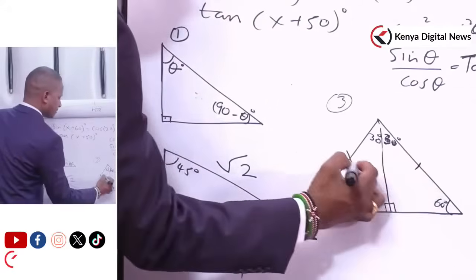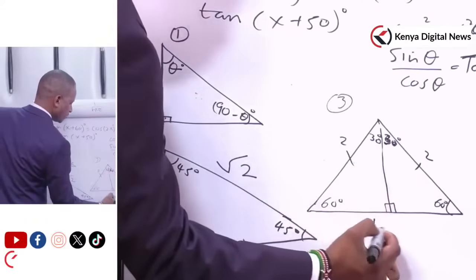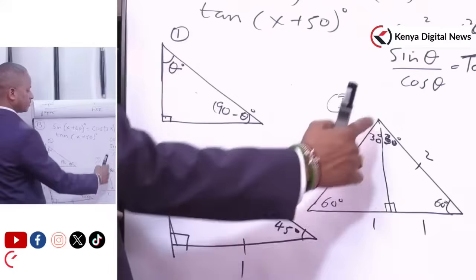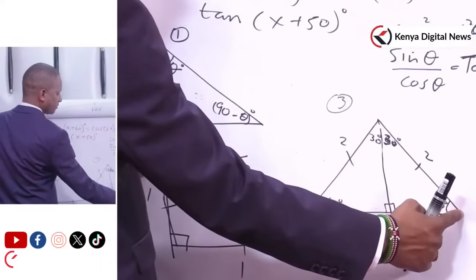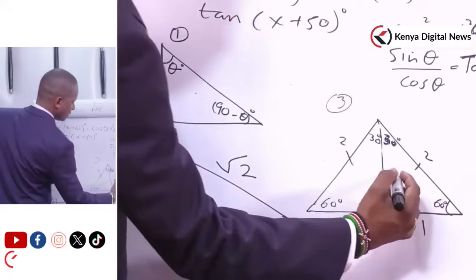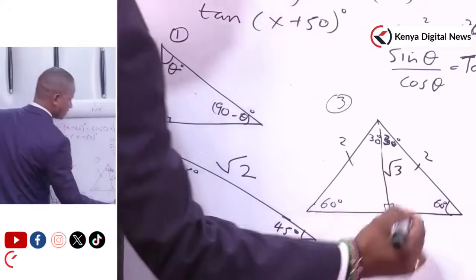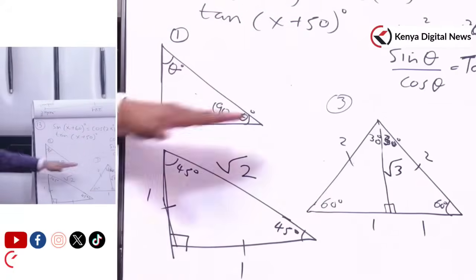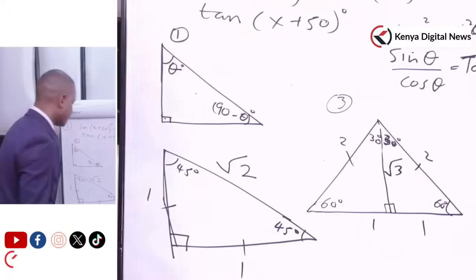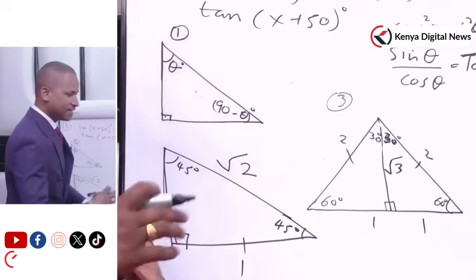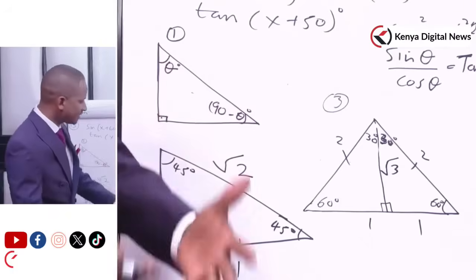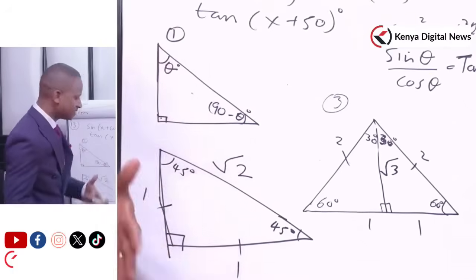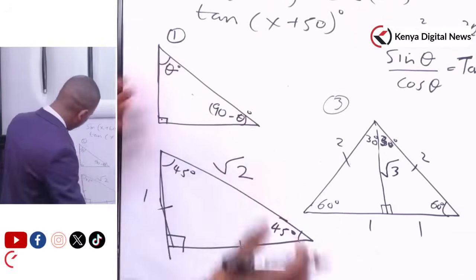Now, this is 2, 2, 1, 1. What is the height? Hypotenuse squared, which is 2 squared, which is 4, minus 1 squared, into the square root. So this is root 3. Now, from here, class, I want us to list down the tan 45, sine 45, cos 45. Then we go to sine 30, cos 30, tan 30, sine 60, cos 60, like that.